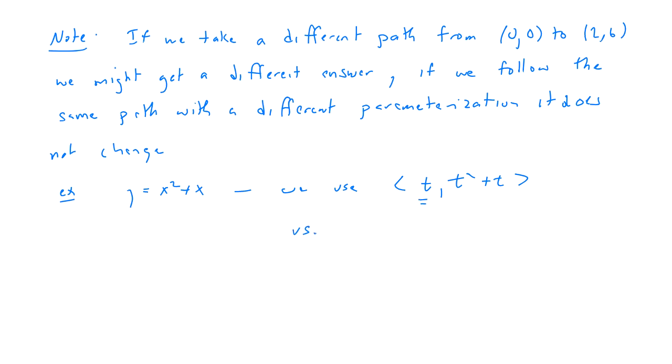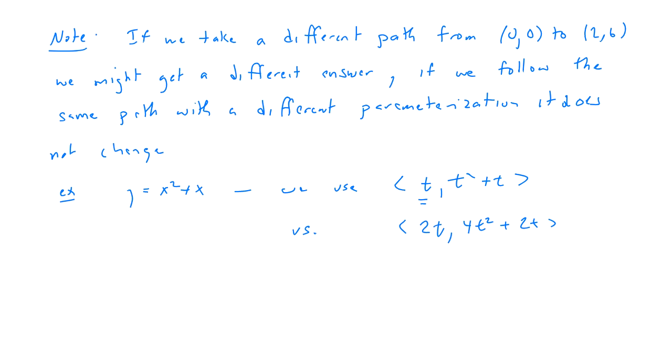Suppose I called it 2t. Then that would be 2t quantity squared, which is 4t squared, plus t, which is 2t. So these are the same paths, the only difference is, in some sense, the second one is moving along twice as fast. But that's not going to matter for work, so these will give us the same answer.